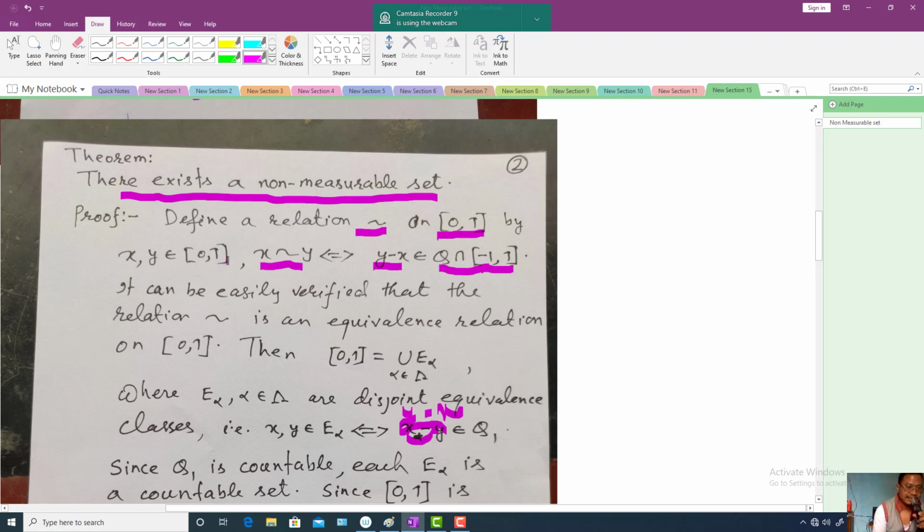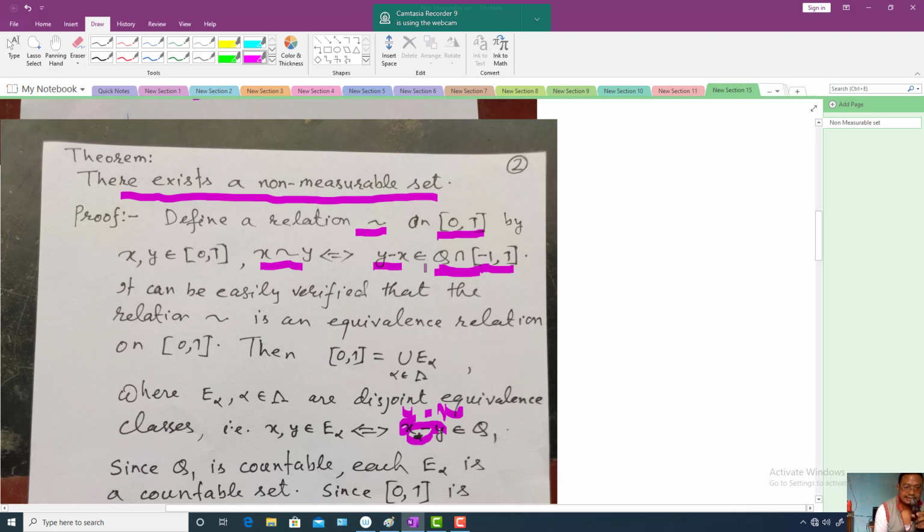So what is the relation? Let me explain again. Two members x, y in the closed interval 0, 1 are related to each other if and only if the difference y minus x is a rational number between -1 and 1. That is, Q intersection (-1, 1), where Q is the set of rational numbers, is the set of rational numbers between -1 and 1.